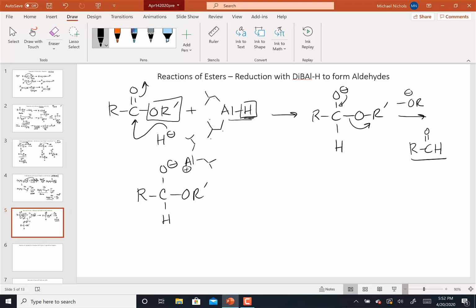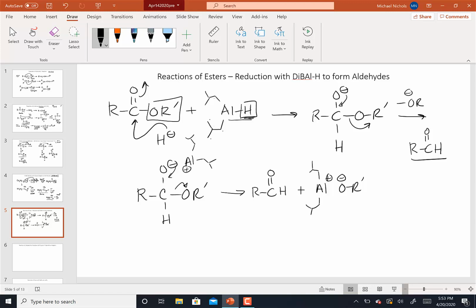So what happens is that aluminum can move from being the O minus down here to then basically being the counter ion of the O minus of the R prime group of the alcohol group that's leaving as an alkoxide, so that when you reform the double bond to form the aldehyde, you end up with the diisobutyl aluminum with its positive charge counterbalancing the alkoxide, and so it ends up stabilizing and allowing the alkoxide to leave.